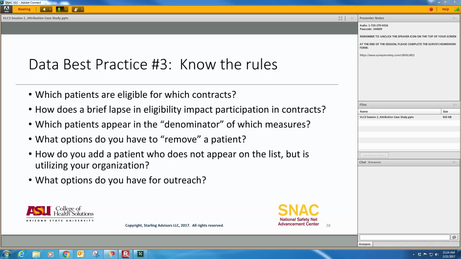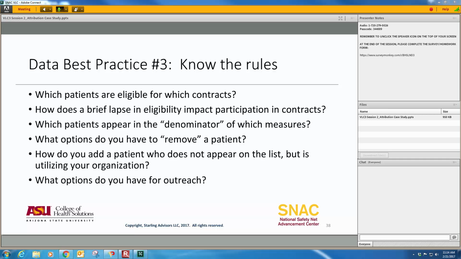Understand how lapses in eligibility impact participation in contract. If the patient isn't eligible at any point in the year, does it make them ineligible for payment? Which payments are going to appear in the denominator of which quality measures? And whose data rules? Does the plan's data ultimately determine, for example, whether a patient has diabetes based on the ICD-9 code of the billings, or is it your record that would determine that?